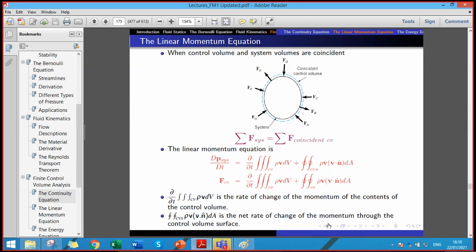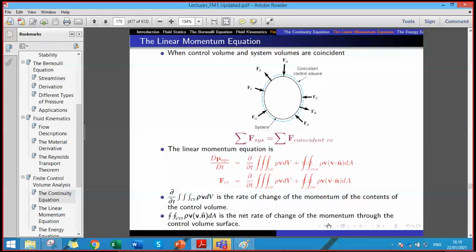That is what is happening at the surface of the control volume. How the momentum is coming into the control volume and how it is going out. Clear?